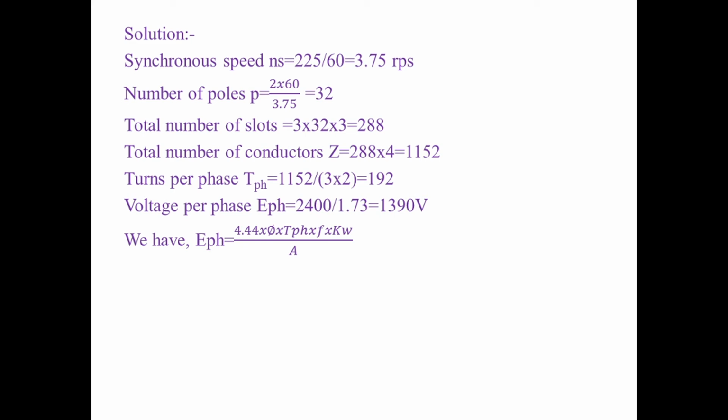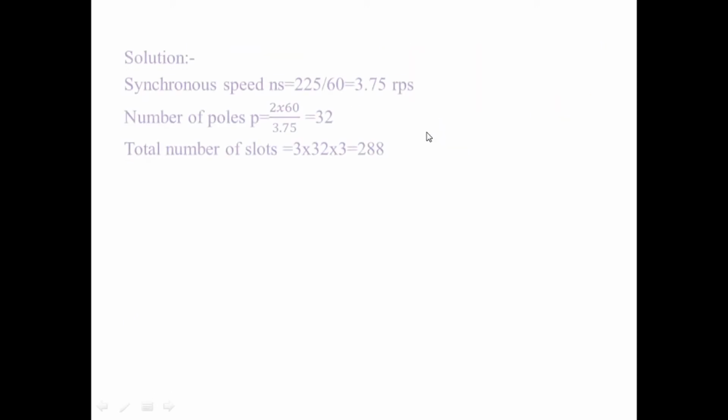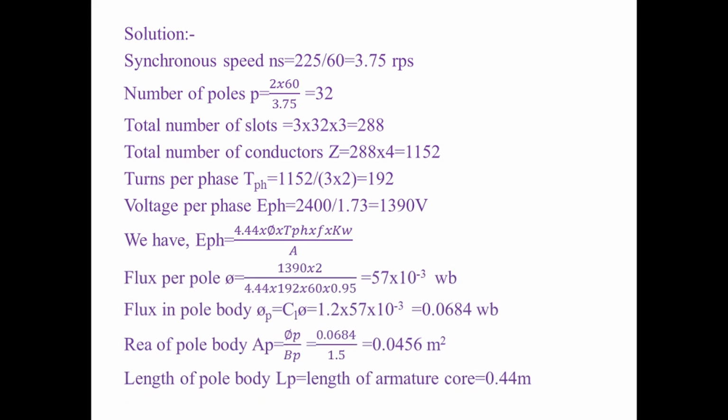In all the previous problems we had only one circuit or one parallel path. But here it is given that there are 2 circuits per phase, so you need to consider the A value. If you substitute the values, you can calculate the flux per pole.